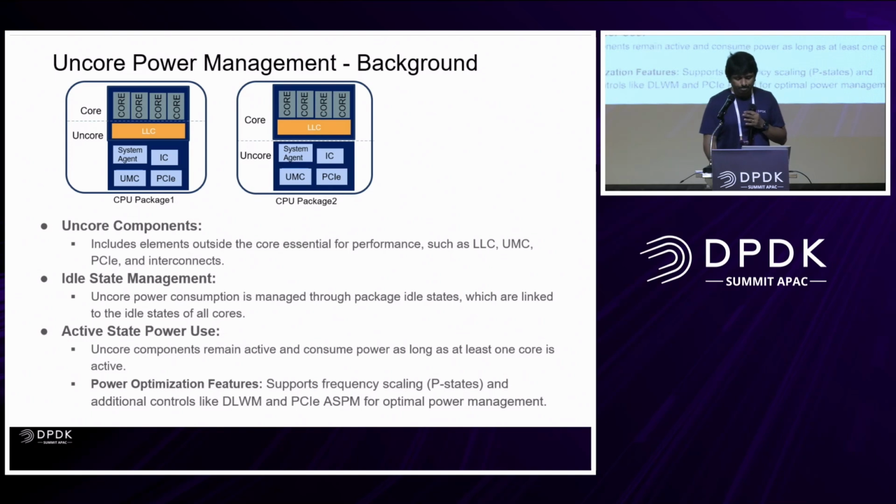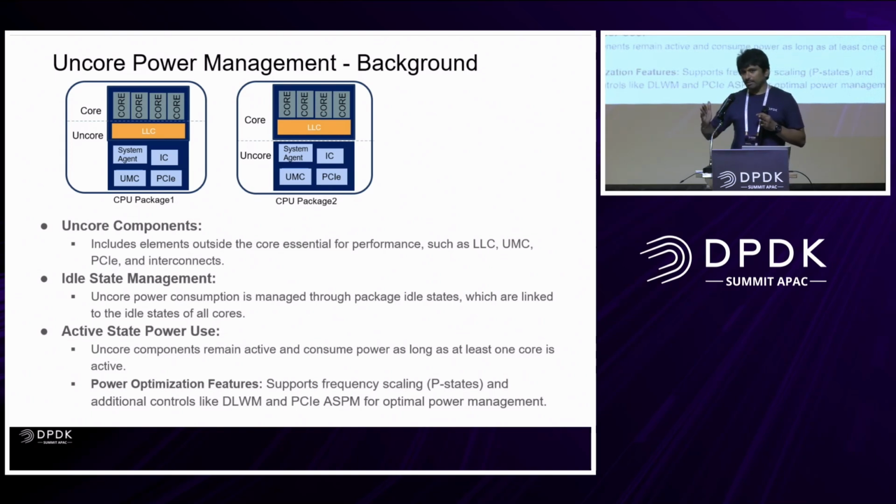Those are something that can be exploited to get some additional savings. One of the reasons this is now getting critical is that as we keep progressing across various generations, the speeds are increasing, whether it is PCI speeds or memory speeds.